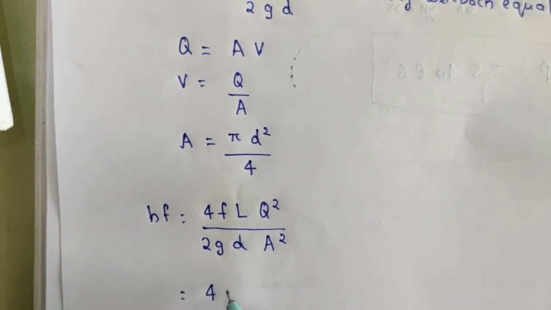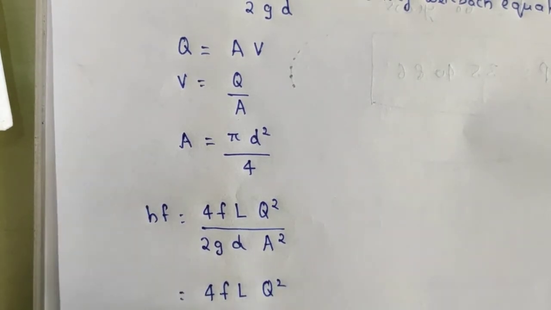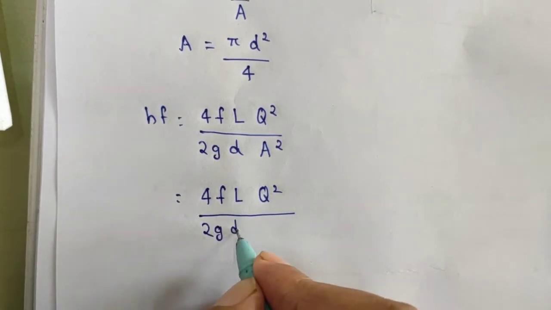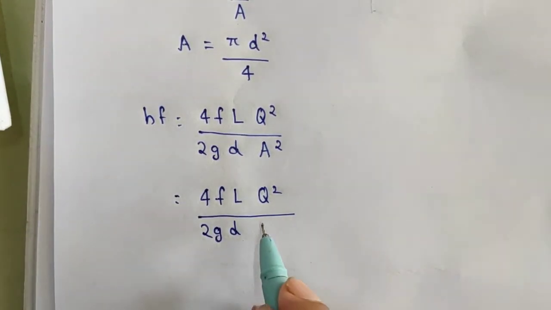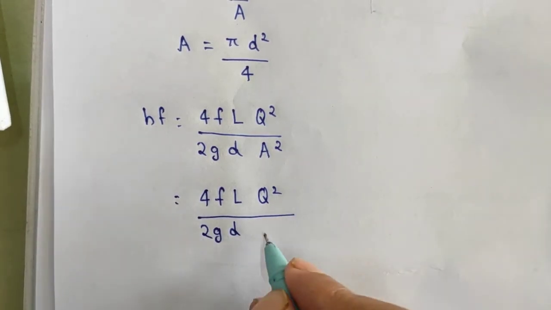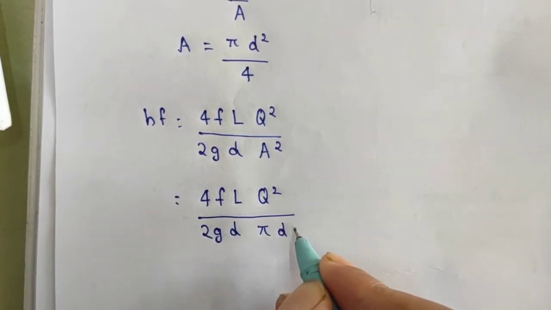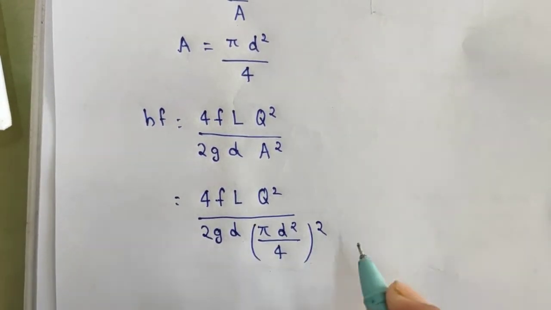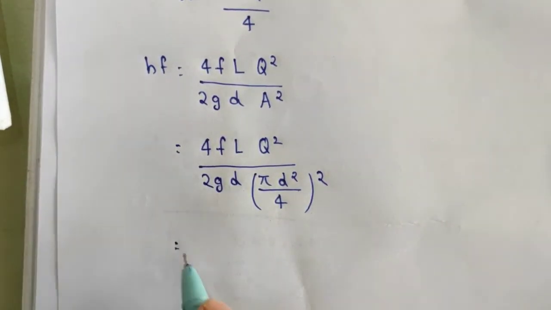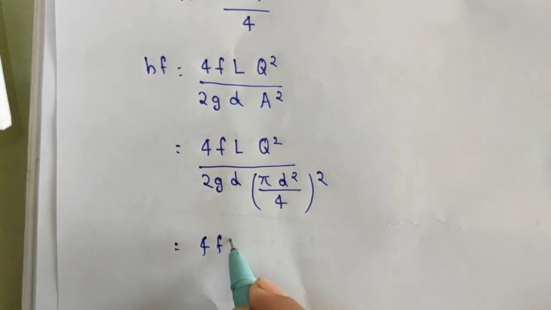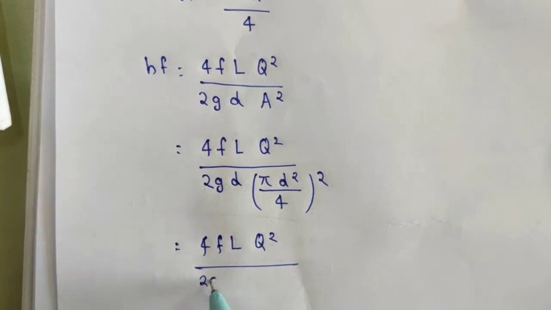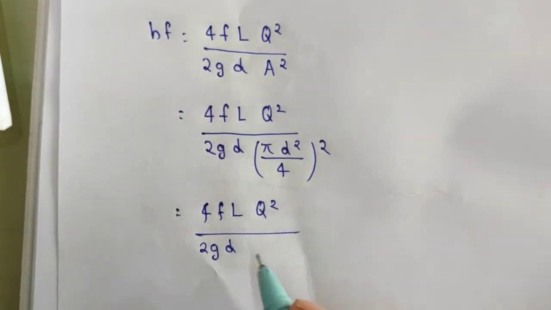So you can write 4f L Q square divided by 2gD. Now in place of A square you can write pi d square by 4, whole square, right? Now 4fL Q square by 2gD.